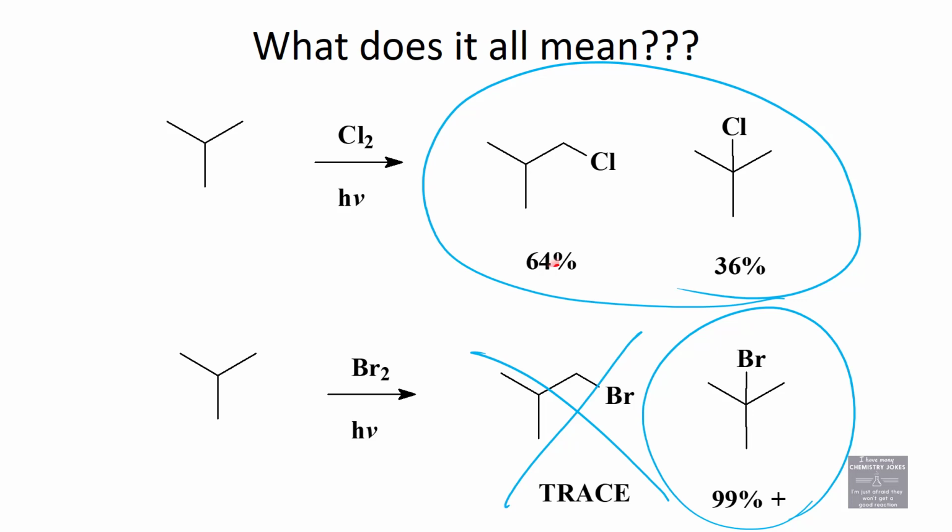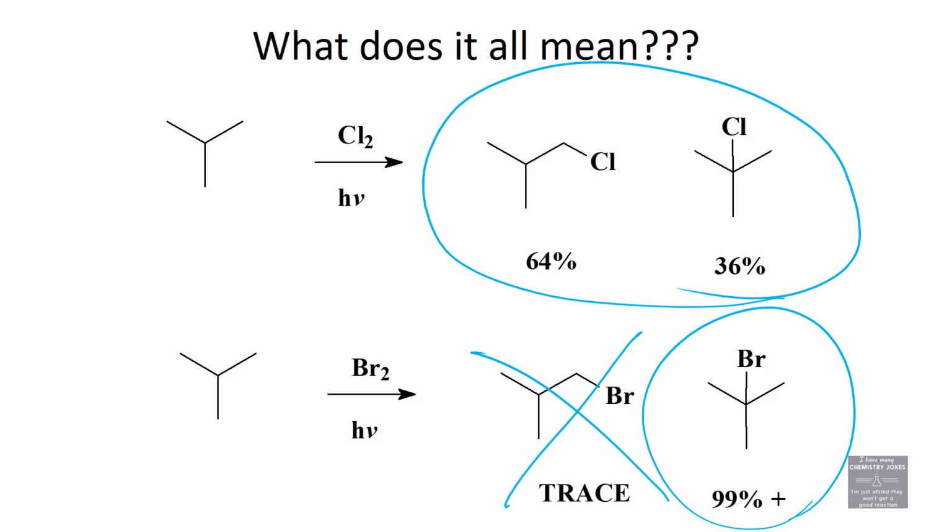Okay, if we look at these percentages, 64 and 36, why is it that way? Well, statistics does play a part. When we talked about it earlier, we said statistics is not the only thing to consider. Statistics and stability cooperate here. There are 9 hydrogens that are primary and only 1 hydrogen that's tertiary.